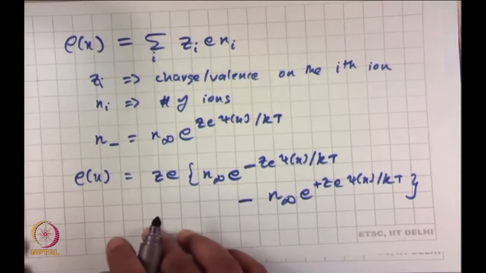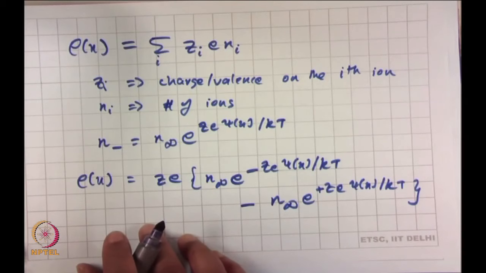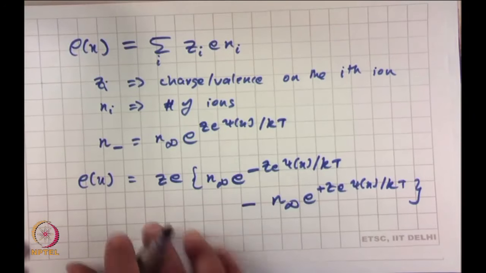This is your total rho of x, that means the total charge density.